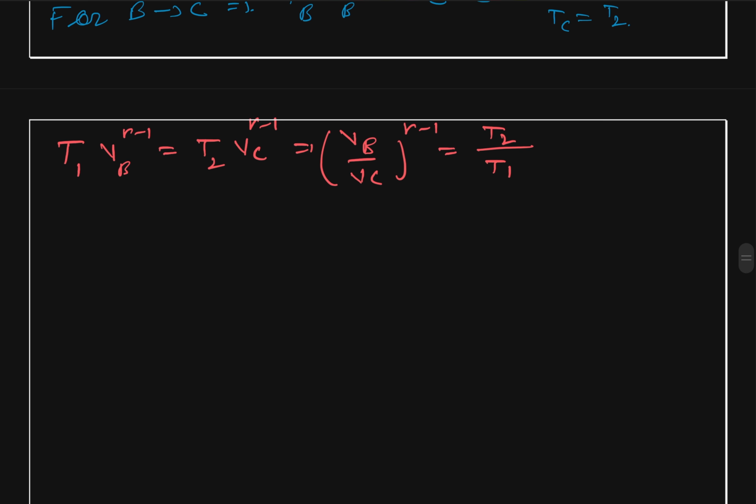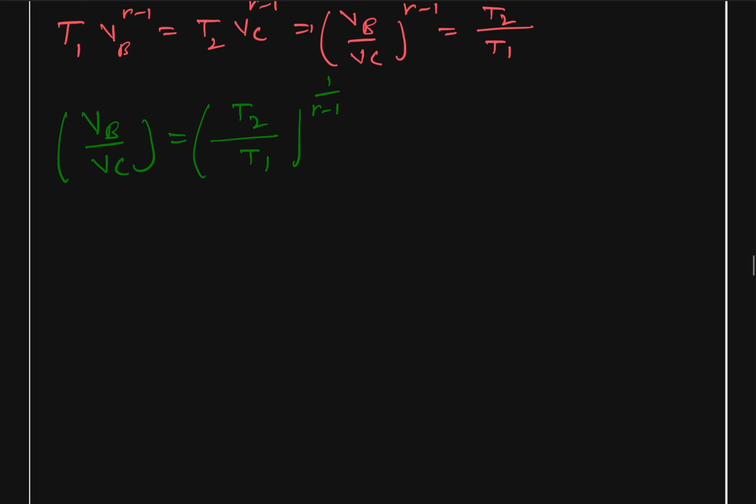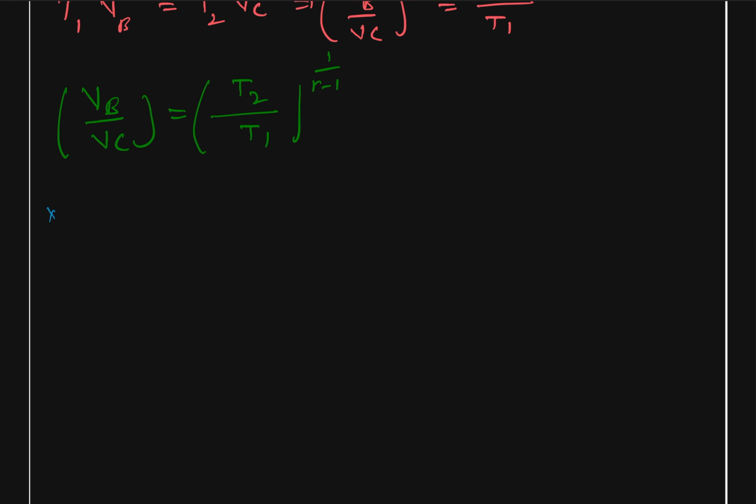And you can further reformulate it, you can write VB upon VC is equal to T2 upon T1, and this comes as 1 upon gamma minus 1. Similarly, we write for our path DA. Path D to A, we can write this as temperature at D, volume at D, gamma minus 1 is equal to temperature at A, volume at A, gamma minus 1.